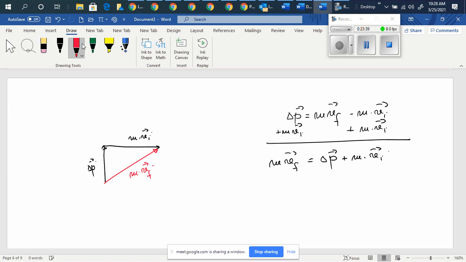My bad, sorry. So now again, stop the video here, and you will see the final work done to figure out what is the final velocity.